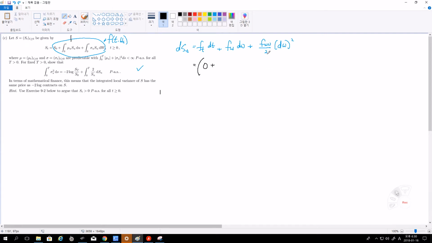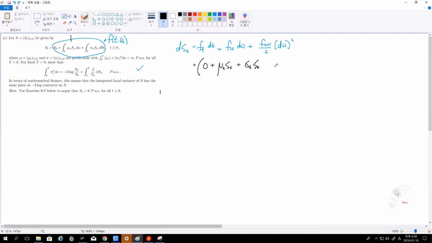So we have mu_t S_t, and then the third term, if we take the derivative, then it is sigma_t S_t.